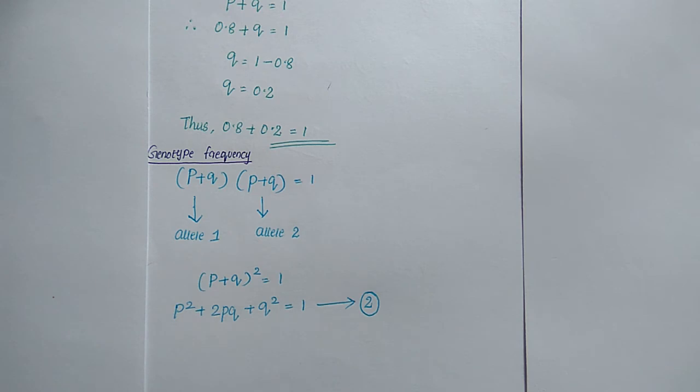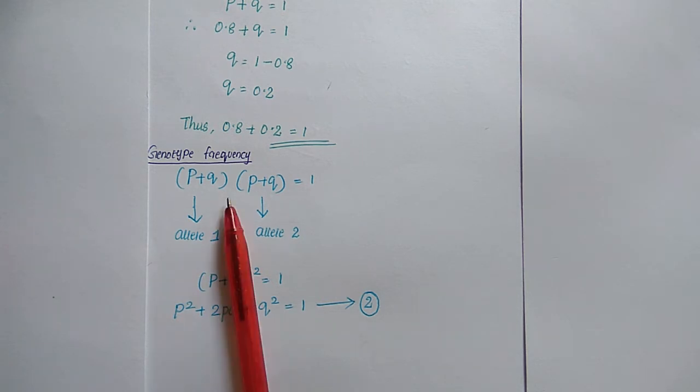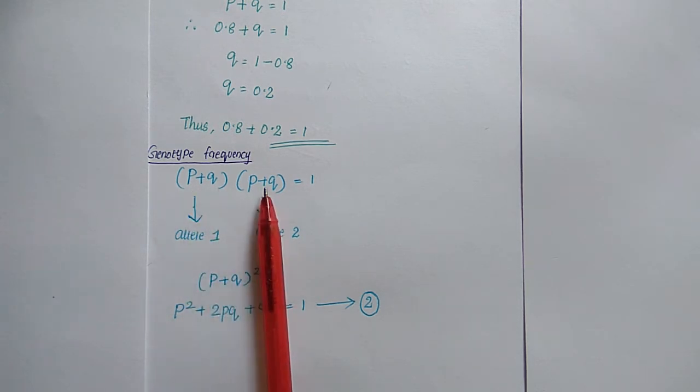Another condition for Hardy-Weinberg equilibrium is genotype frequency. According to Hardy-Weinberg equilibrium, the genotype frequency also remains constant when no evolutionary forces are acting. A genotype means the combination of two alleles.